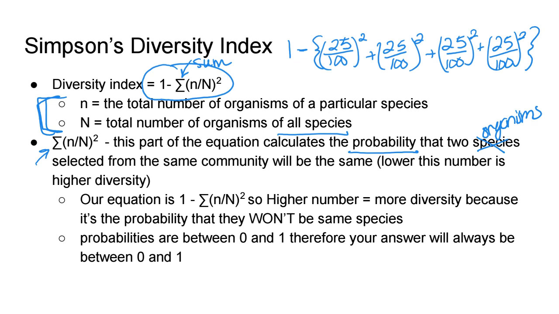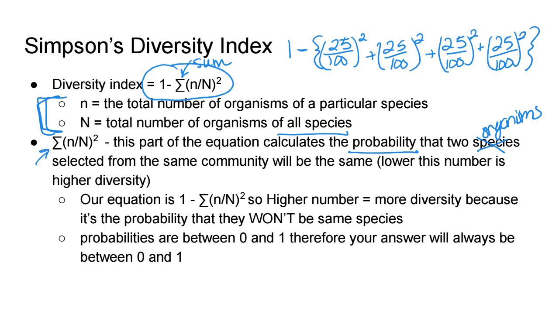So again, you're looking at the probability of selecting 2 organisms from the same community and the probability that they're going to be the same species. The lower that number is, the higher the diversity is.